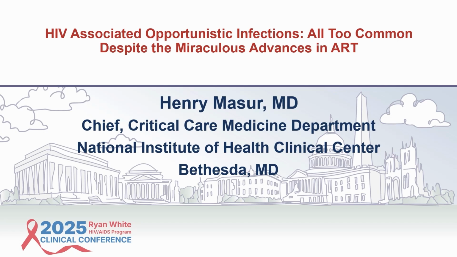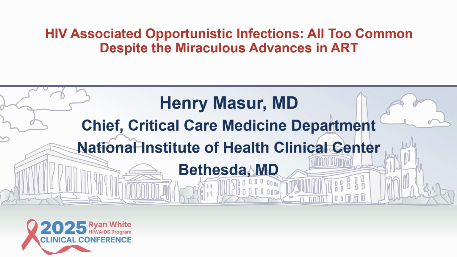But it's interesting, in the year when Mike and I started, all we saw really was opportunistic infections. And when I came to the National Institutes of Health in the early 1980s, they weren't quite sure what to do with the AIDS program, so they put it in critical care medicine because almost all the patients were in the ICU when they first got there. And obviously, we've come a long way since.